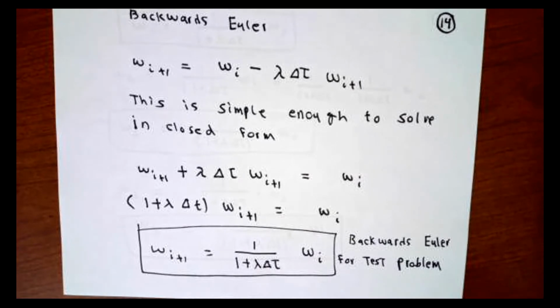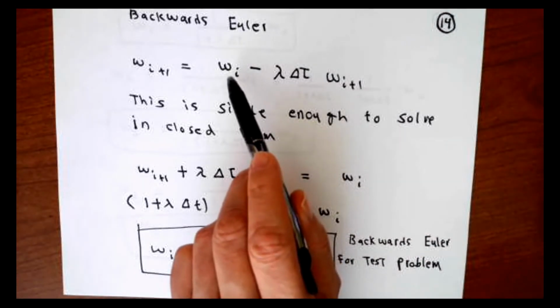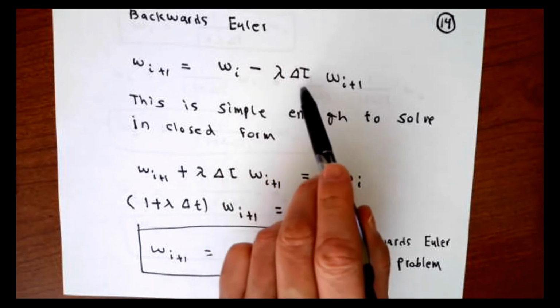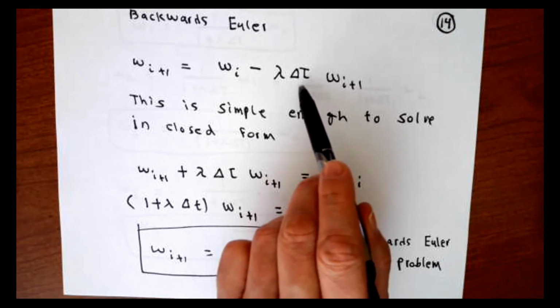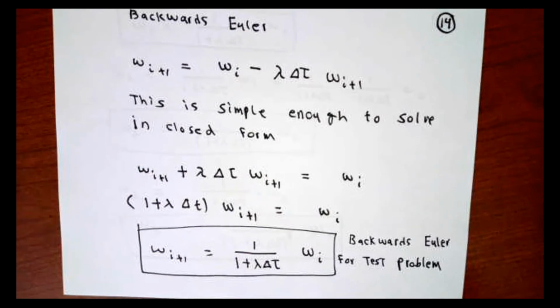It's not very complicated, though. We're supposed to already know wi. We know lambda from the differential equation. We know delta t, that's our time step. It's b minus a over the number of steps. The only thing we don't know in this equation is wi plus 1.